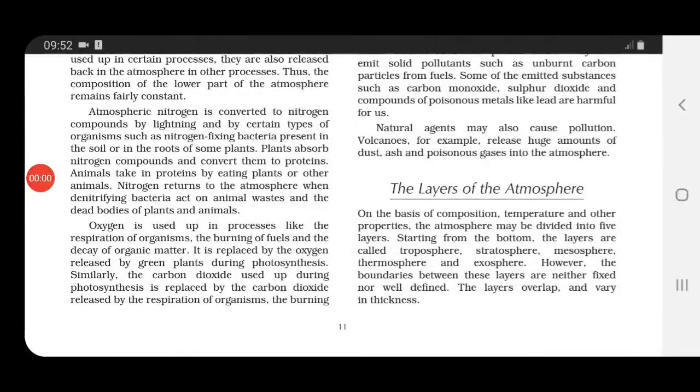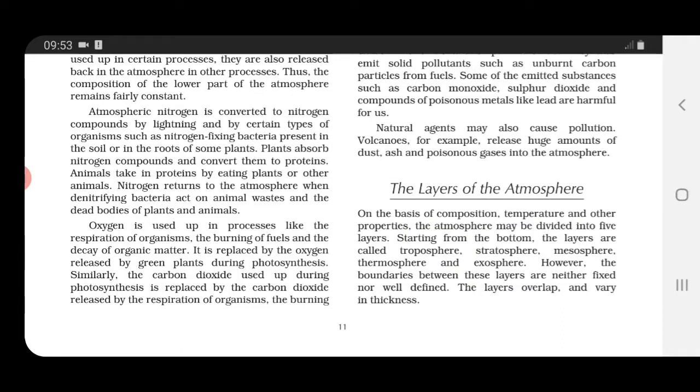Now first of all children, try to understand these two sentences. Okay, what they are trying to tell you is oxygen जो है वो ये सारे process में use up हो गई. कौन से processes? Respiration of organisms, burning of fuels, decay of organic matter, right? अब ये oxygen use up हो गई but वो replace भी हो गई. कैसे replace हुई?